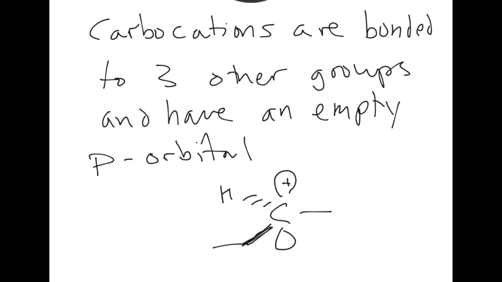I'm drawing it with wedges and dashes because the ethyl group is forward, the hydrogen's back, and the methyl group is in the plane of the page. So you've got this flat, almost triangle, with the p orbital sticking straight up and down through the carbon. A positive charge on an orbital means that orbital is empty. It has no electron. So this is our empty p orbital.